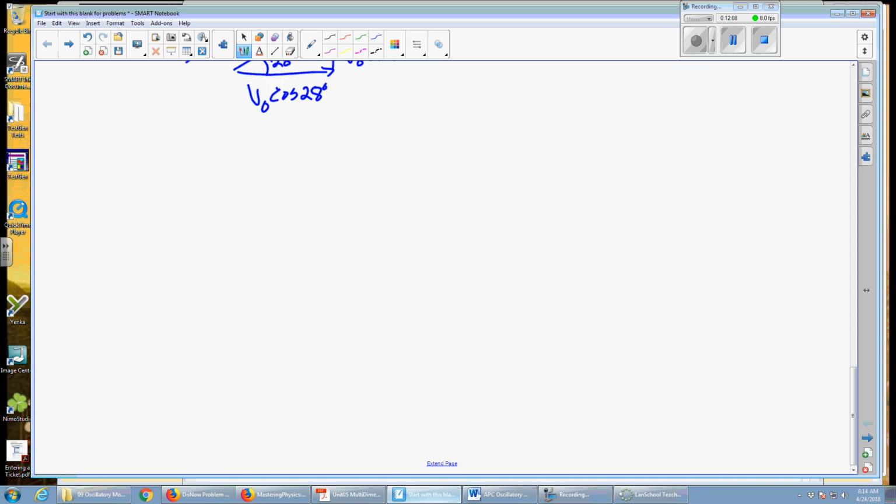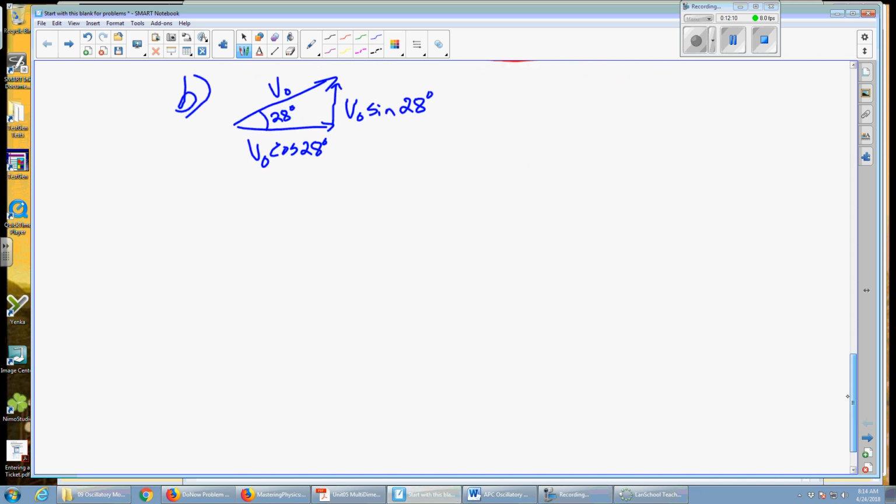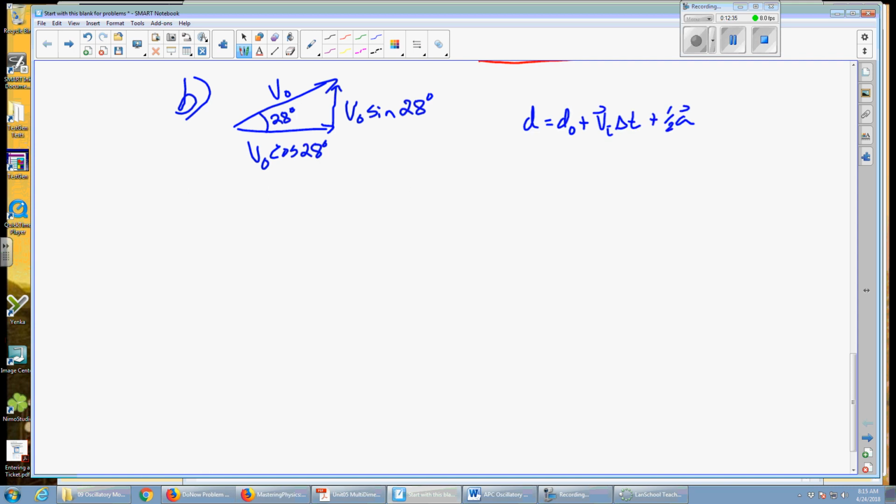I'm going to have to use both sine and cosine. Neither one alone is going to give me enough information. I know that just from experience. I'm going to use the equation d equals d0 plus V initial delta t plus 1/2 a delta t squared.